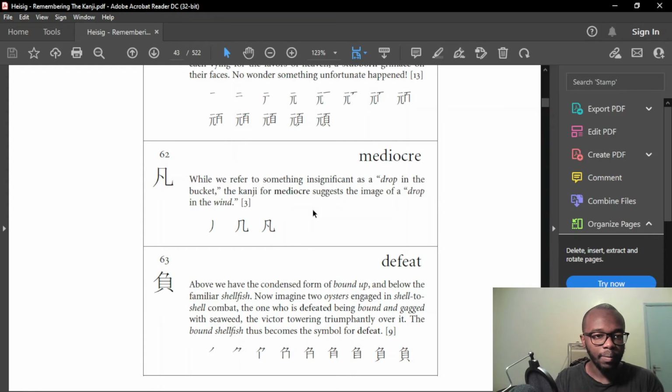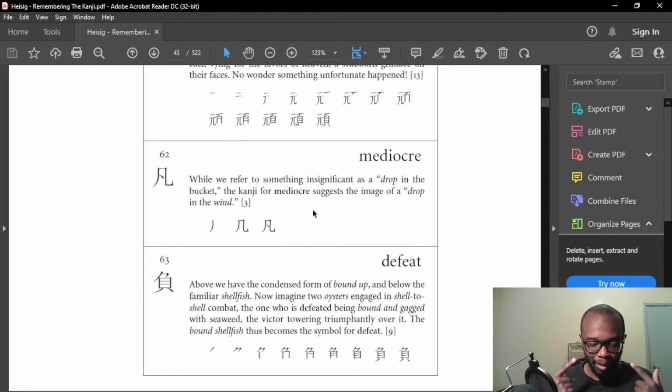A drop of wind. So first you draw the wind primitive, and add drop in the middle. So a drop in the wind. If you have watched Venom, there's this line he says, like a turd in the wind.